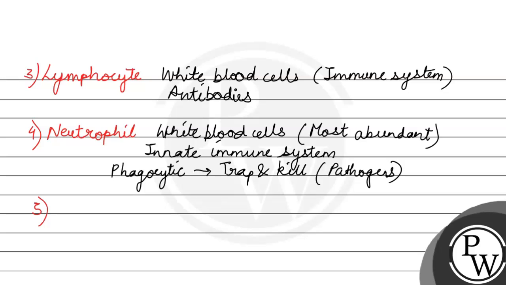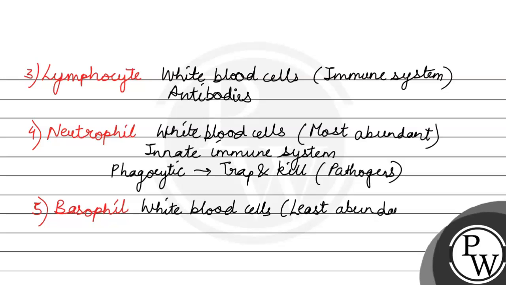Lastly होते हैं basophil. So basophil भी होते हैं white blood cells and ये होते हैं least abundant and ये हमारे responsible होते हैं for inflammatory reactions.